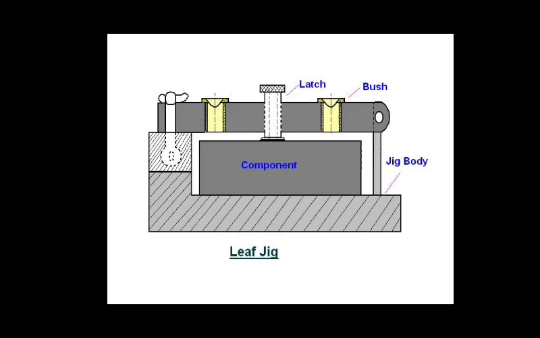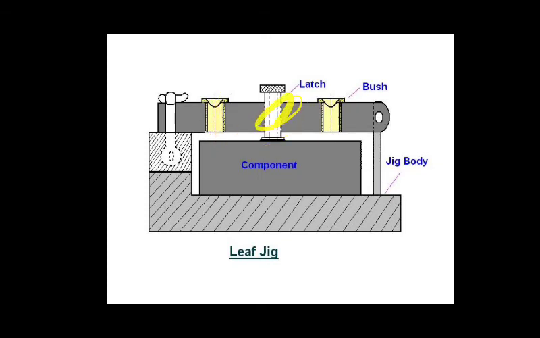The drill bushes are fitted into the plate, which is also known as the leaf, latch or lid. Here you can see the lock arrangement. By removing this you can swing this latch, and in this latch the bushes are fitted to guide the drill tool.